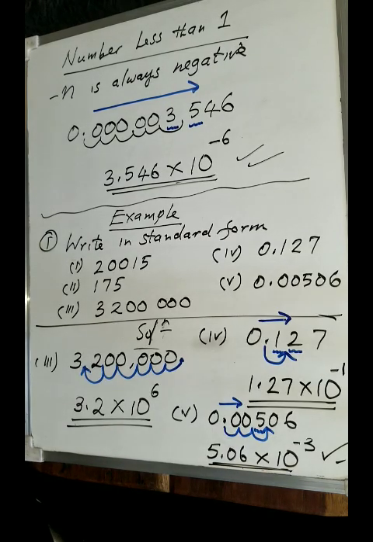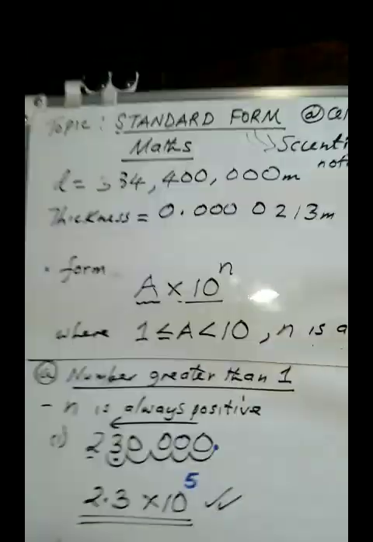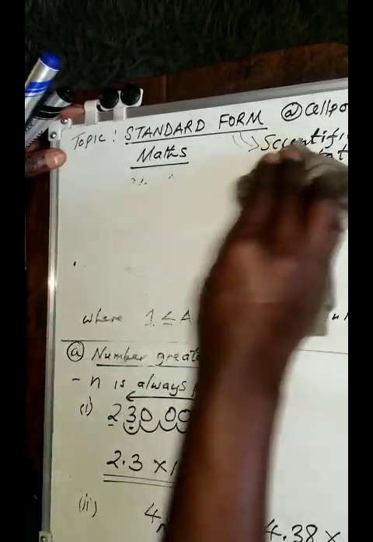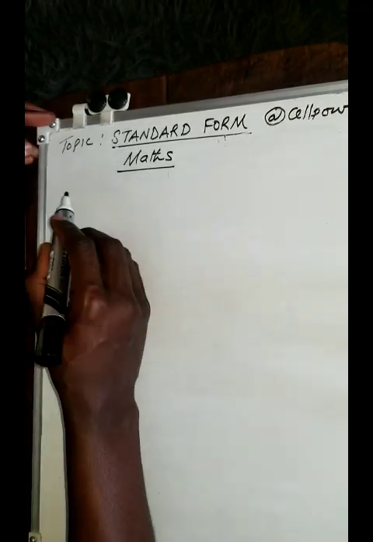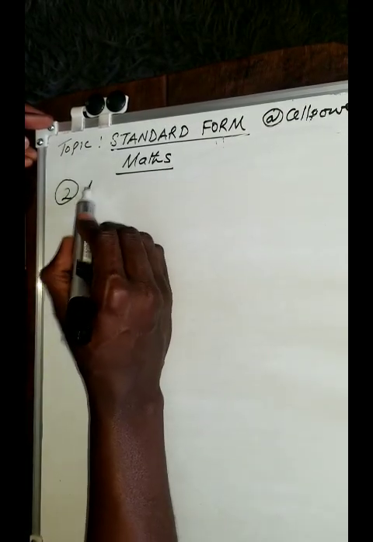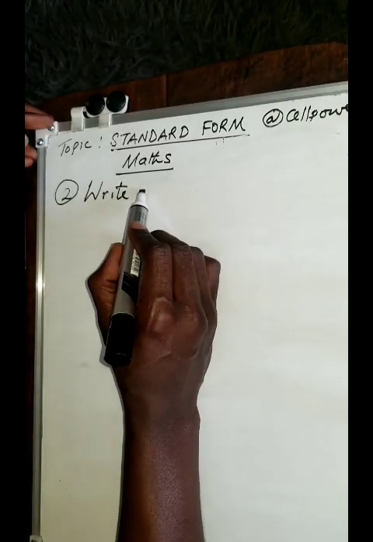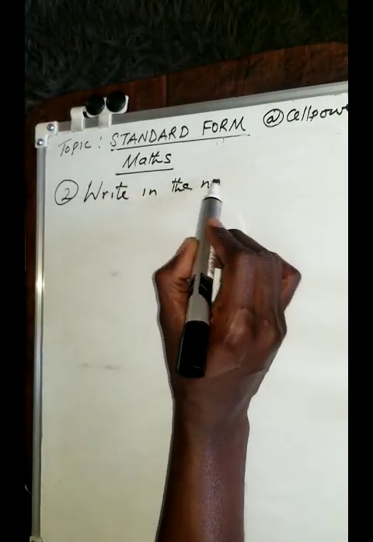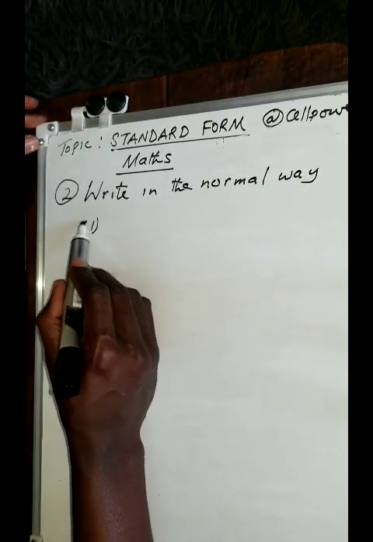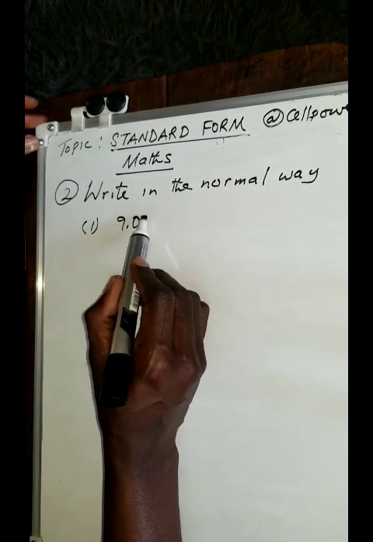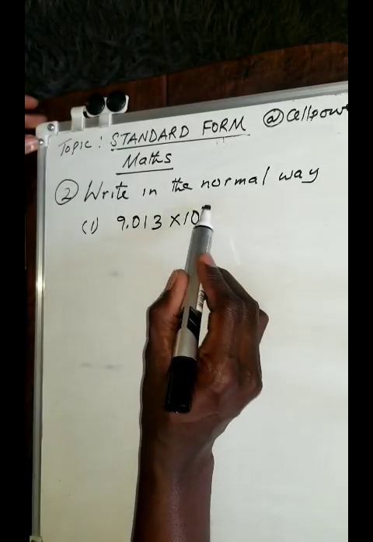All right, so you may encounter some others. Let me just give you an example. We can also tell you to express the number in a normal way, the way it was before it was given in standard form. So you should be able to know how to express a number in a normal way. So let's call it number 2: write in the normal way. Number 1, maybe you have 9.013 times 10 to the power -3.